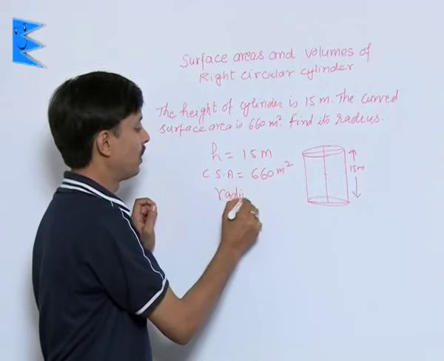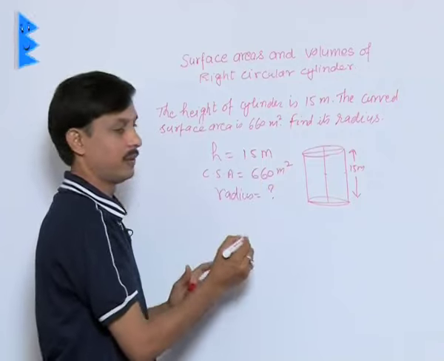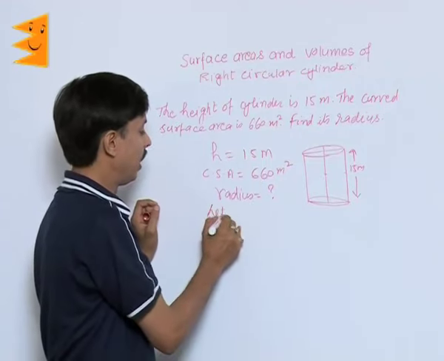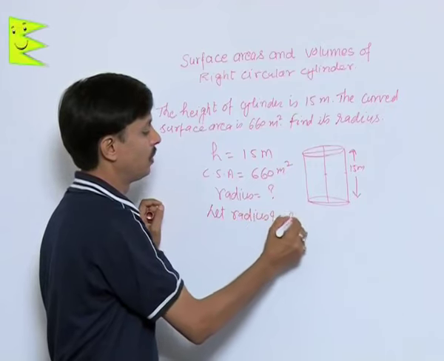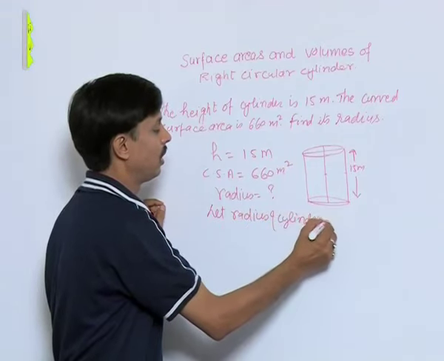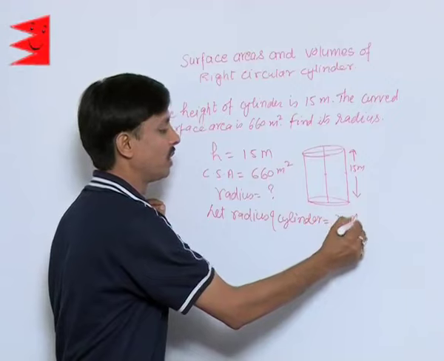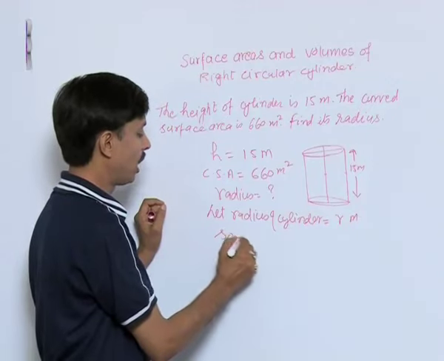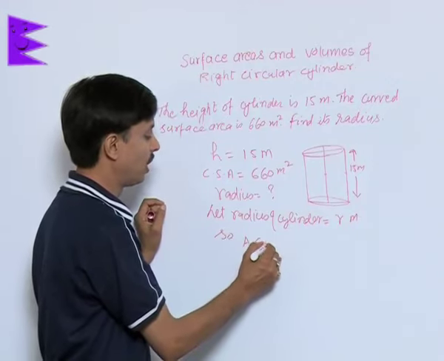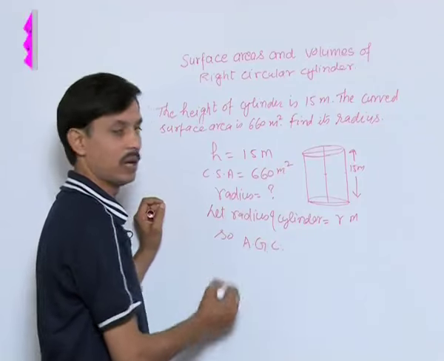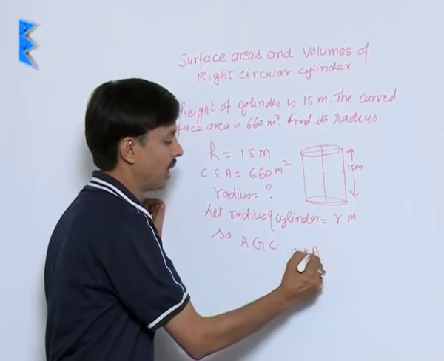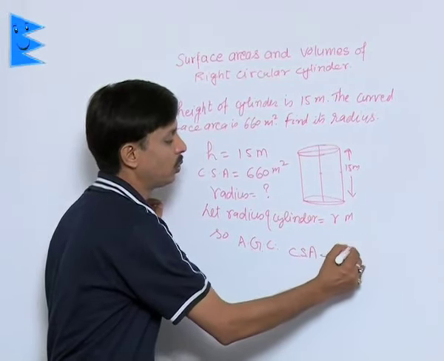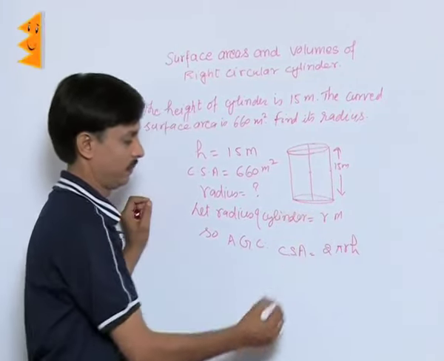Find its radius. The radius of the cylinder is required. I am writing, let the radius of the cylinder be r meters. So according to the given condition, the CSA formula we know is 2 pi r h.